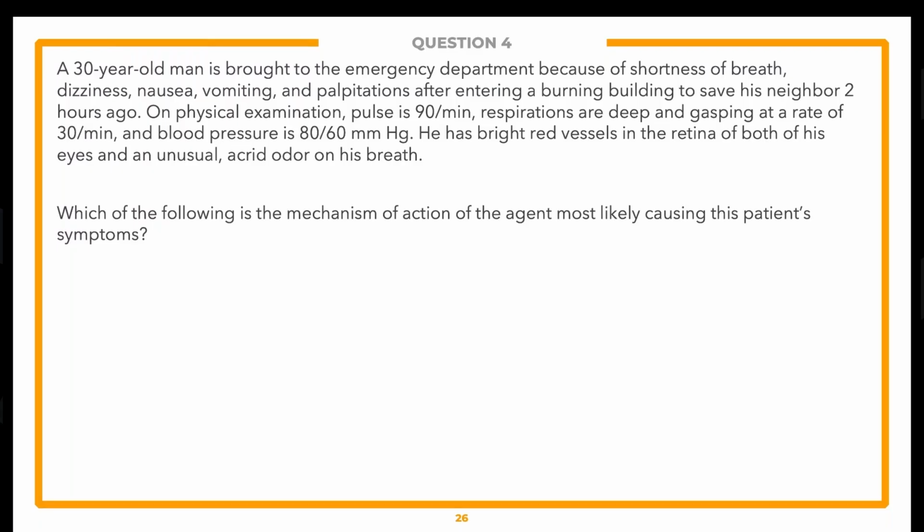He has bright red vessels in the retina of both of his eyes and an unusual acrid odor on his breath. So with that, the question again, which of the following is the mechanism of action of the agent most likely causing this patient's symptoms?